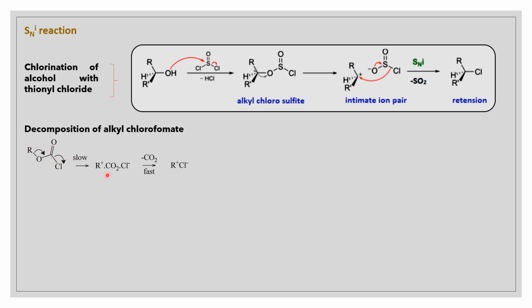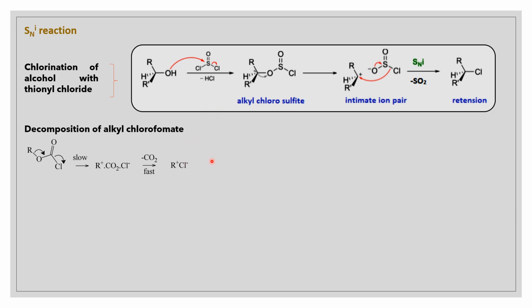In this case also you can have a similar mechanism, where the initial step, which is the slow step, involves the formation of an ion pair, which then eliminates a molecule of carbon dioxide in the fast step to form the final product. Here also you get retention of configuration.